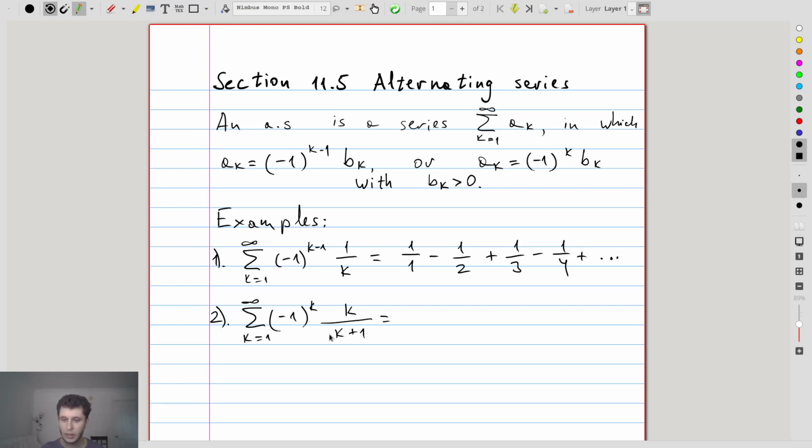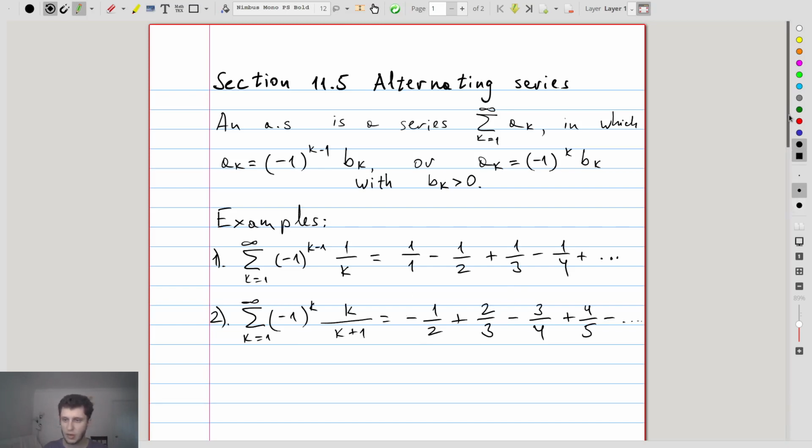And we would have -1 over 2 plus 2 over 3 minus 3 over 4, and so on. So if a series starts with the minus sign, but then we have alternating signs onwards from that point, this still counts as an alternating series.